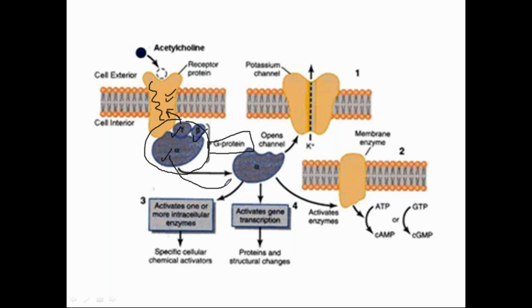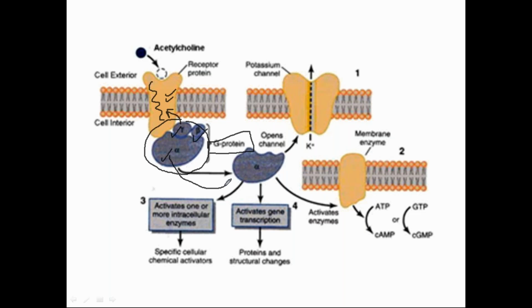This alpha subunit is very, very important because it mediates all the internal function. Whatever the pathway's next target is, it will go and show its effect on that target. So beta and gamma are not that important for the GPCR to function. It is the alpha subunit.